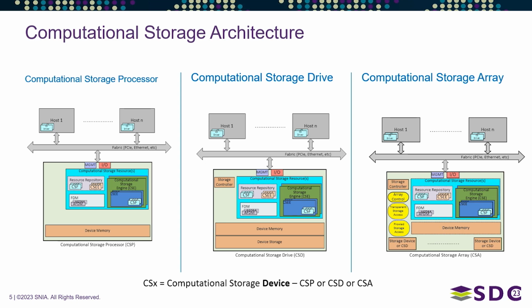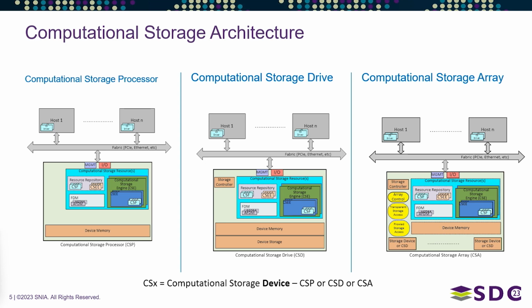We have the computational storage drive in the middle, abbreviated CSD. And we have the computational storage array on the right, abbreviated CSA. Any one of those three, CSP, CSD, or CSA, can be referenced as a computational storage device, or CSX.